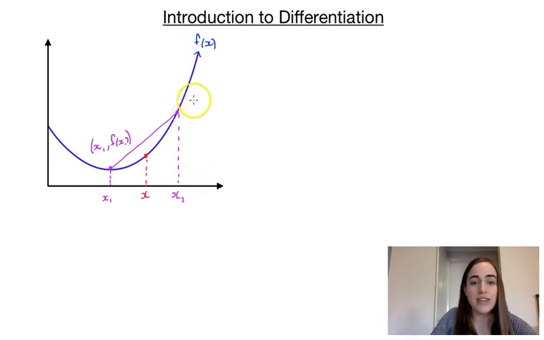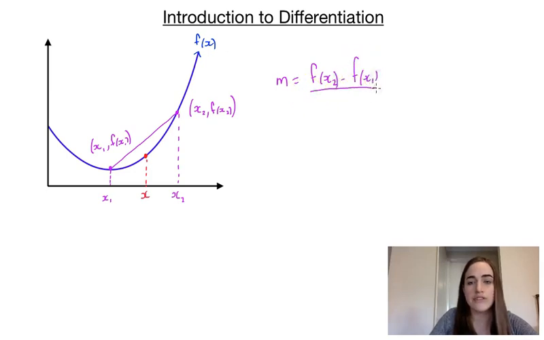Now this point here would have coordinates x2, f of x2. Now that we've got the coordinates, we know our gradient formula and we could find the gradient of that straight line. We would subtract the y coordinates, so we'd have f of x2 minus f of x1 over the difference in our x coordinates, which would be x2 minus x1.